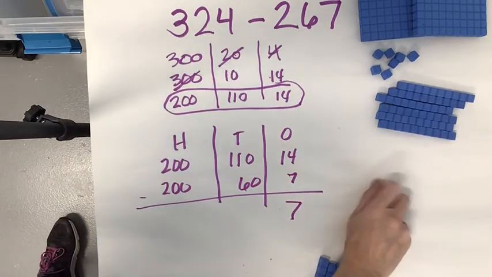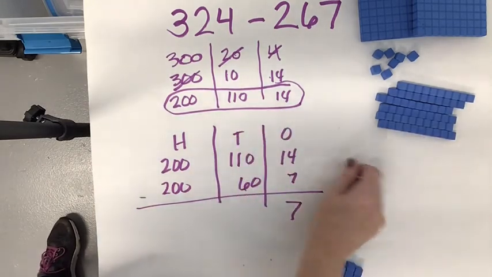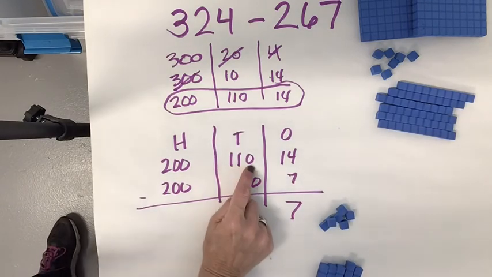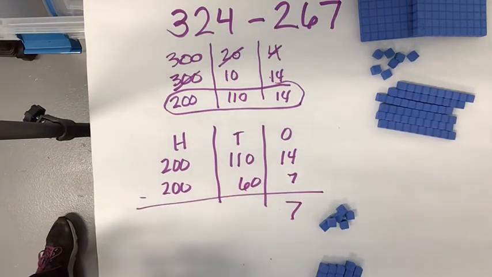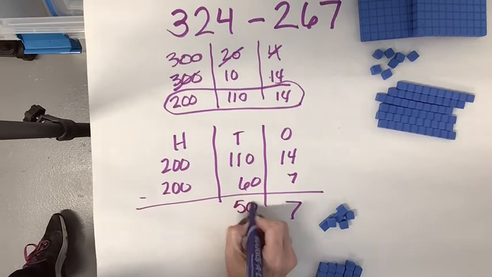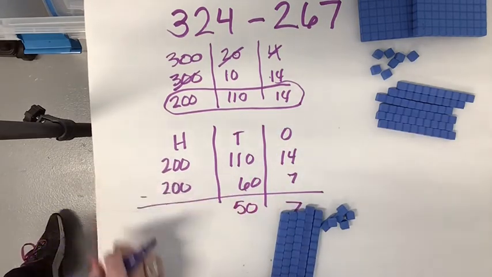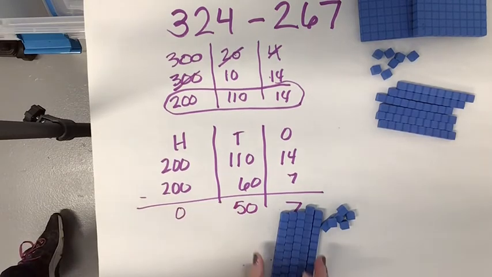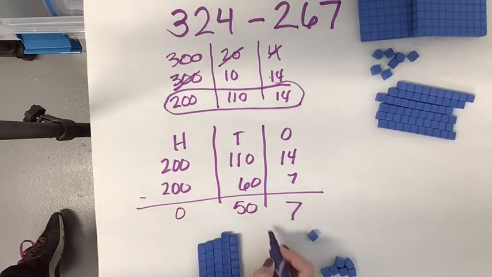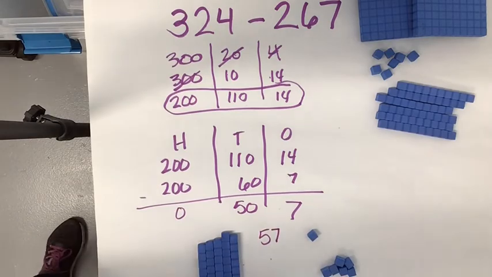That's what I have right here, 7. That works. 11 tens minus 6 tens is 5 tens, or 50, which is what I have right here. And 200s minus 200s is 0 hundreds. So when I put my number back together, I have 57.